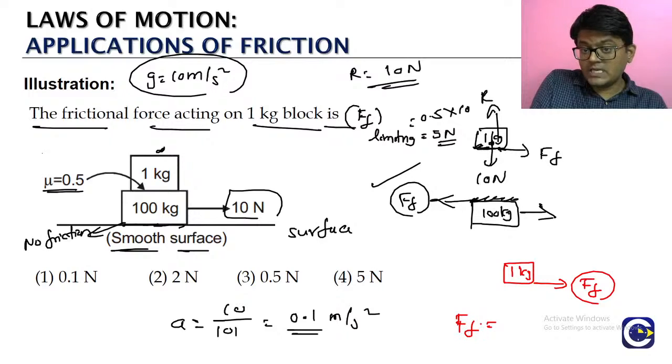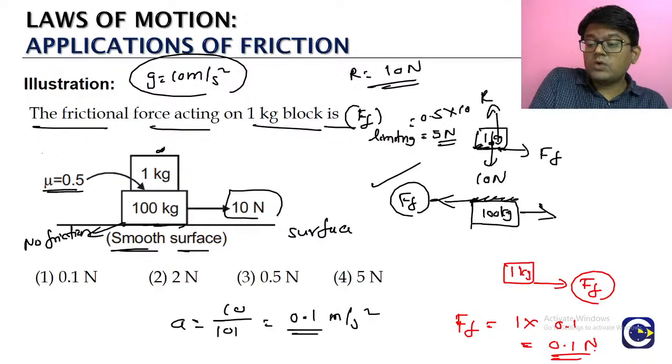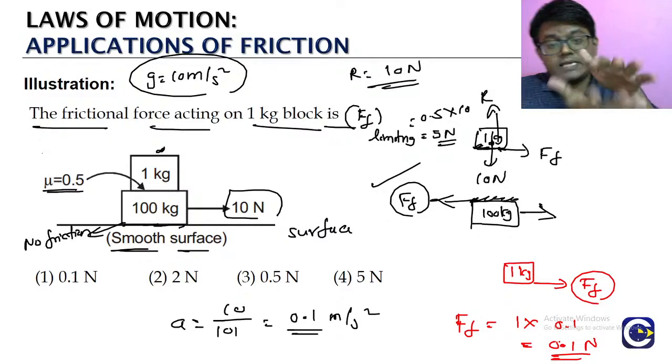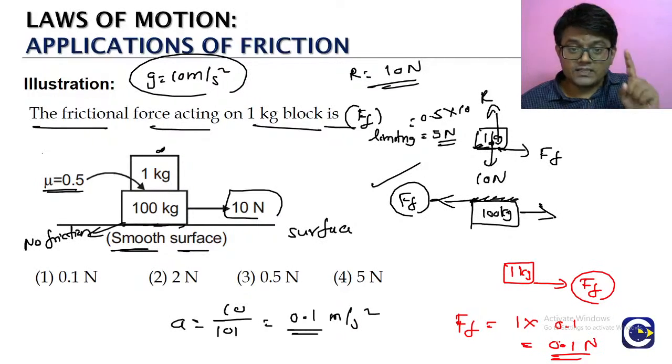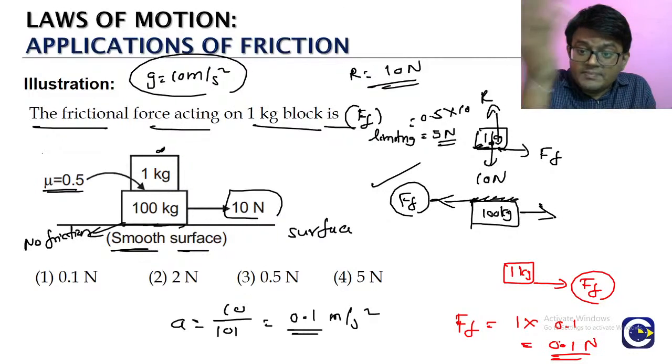The frictional force must be equal to mass, which is 1, into acceleration 0.1, which is 0.1 newtons. So if the blocks have to move together, the acceleration for both of them is approximately 0.1 meter per second square, right? And for the 1 kg block to have this acceleration, the frictional force required is 0.1 newton. What is the limiting value of static friction? 5 newtons.